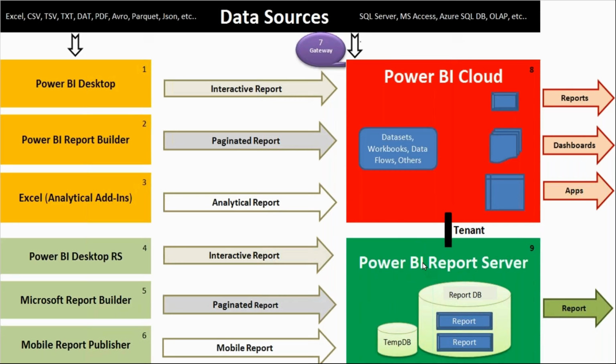I mean, the reports are hosted within your company's data center in Power BI report server. And cloud means the reports are simply integrated to social sites like LinkedIn, as I was showing you a few minutes back, your Twitter tweets, Facebook insights, etc.